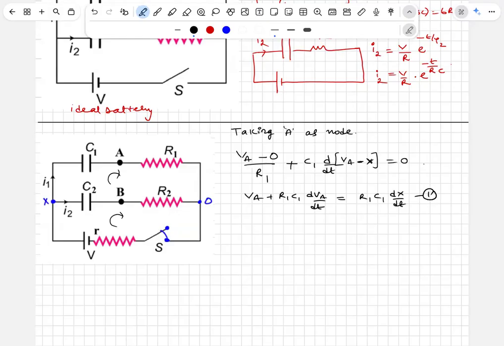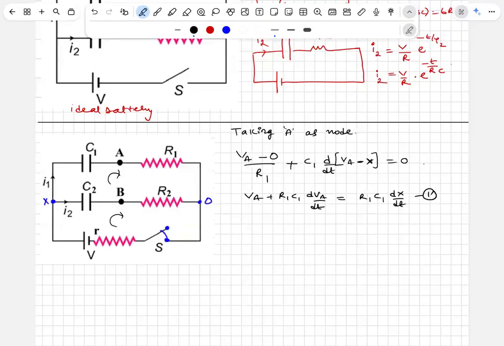Why is X changing, even though it is connected to the battery positive terminal? X means the potential at that point is changing even though it is connected, because of the very small term there, and the current passing through that small term will change, and hence the drop across X and O changes. That is the reason why I call this equation 1.